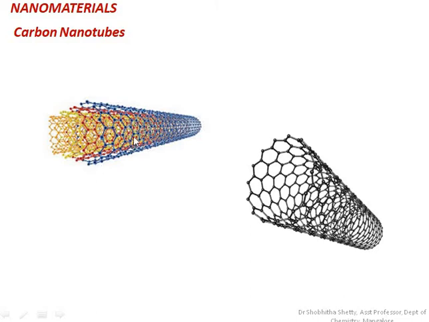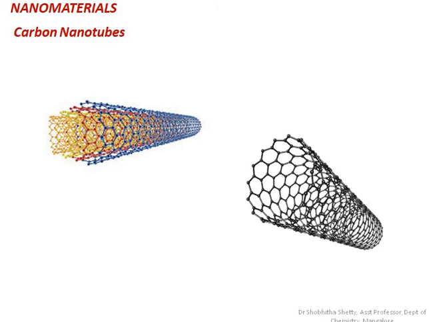Usually these individual nanotubes naturally align themselves into a rope kind of form, and they are held together by an attractive force, that is nothing but the van der Waals force.